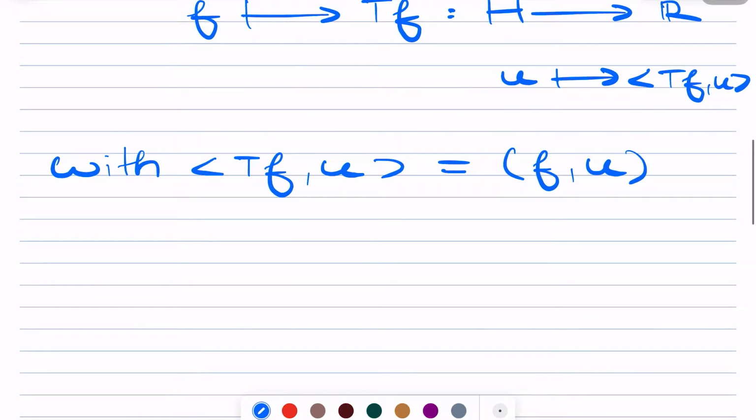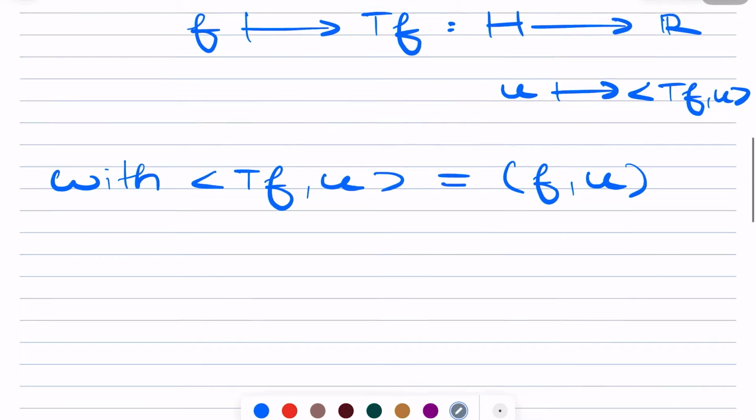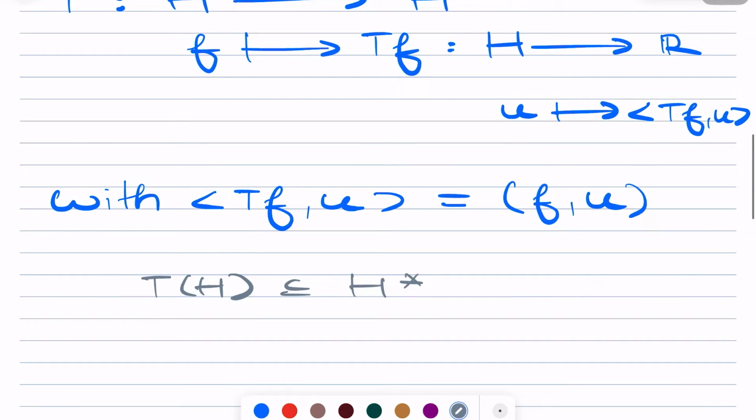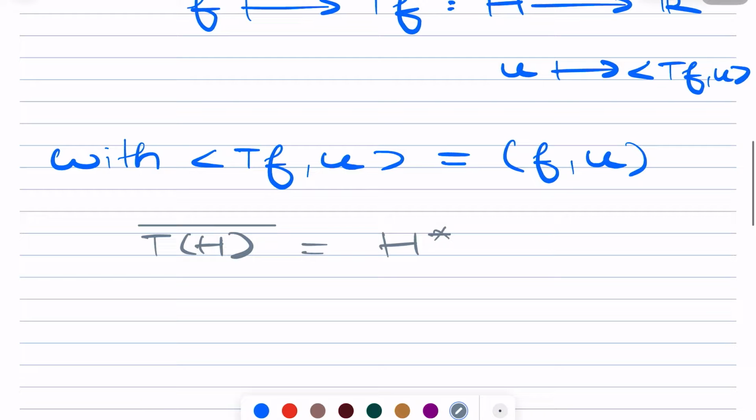Now, what will be our goal? We are going to show that T(H), which is obviously a subset of the dual space, is dense in the dual space. But this is actually closed, T of H is closed.